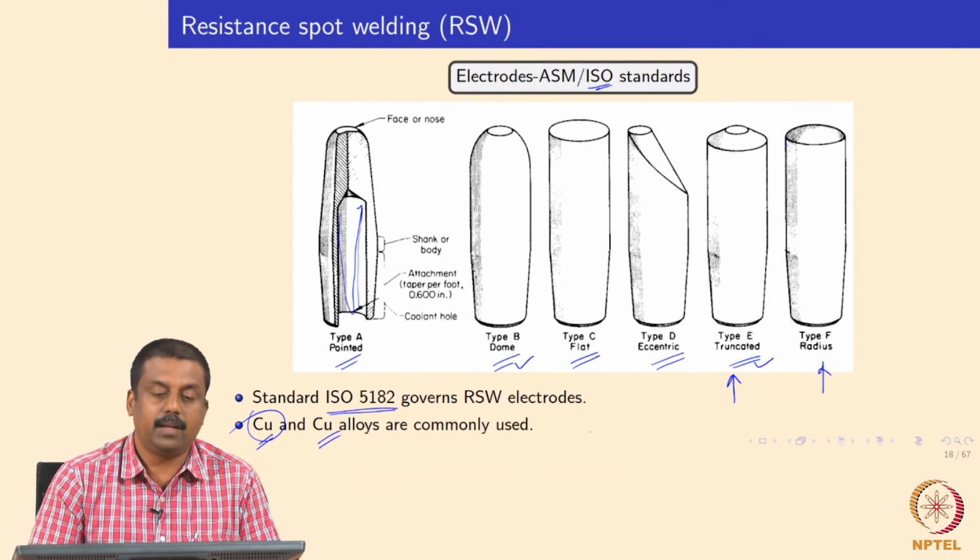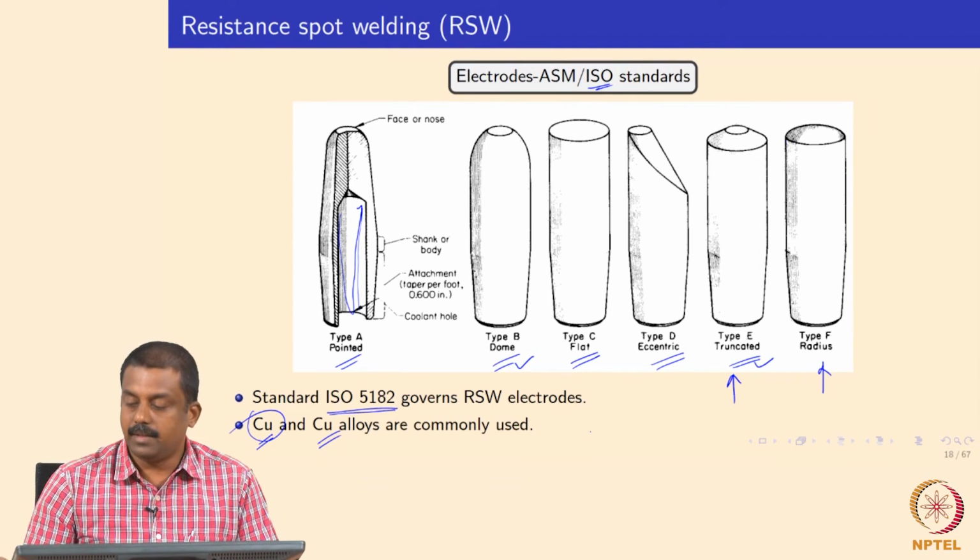To summarize this class, we looked at resistance spot welding equipment and how the enhanced thermal cycle can be used to modify the weld thermal as well as load cycle in our favor.